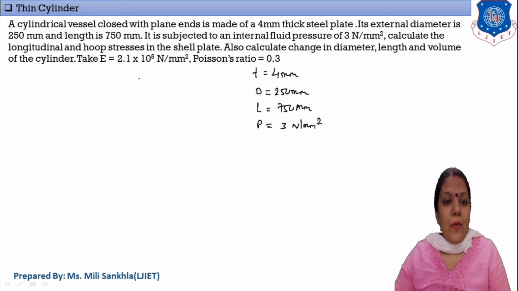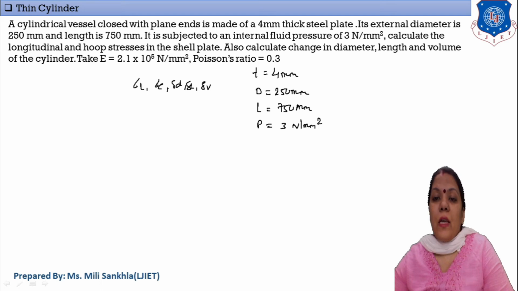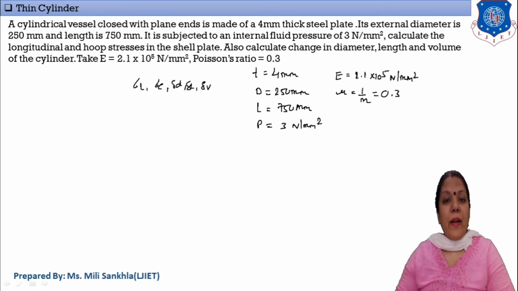We find sigma L, then sigma C, and also find the change in diameter del D, del L and del V. Also data is given: E, Young's modulus, is 2.1 times 10 raised to 5 Newton per mm square, and Poisson's ratio mu, which is 1 by m, is equal to 0.3. Now one by one we find the data.